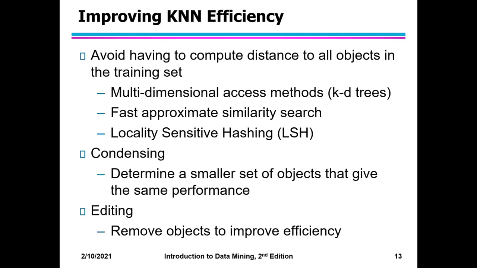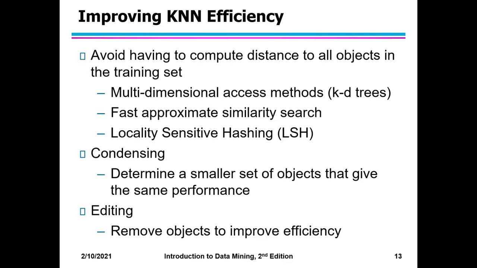There is also another technique called fast approximate similarity search, which finds which attributes will be helpful to make predictions through similarity. And the last one is locality sensitive hashing, which mostly depends on a probabilistic approach.